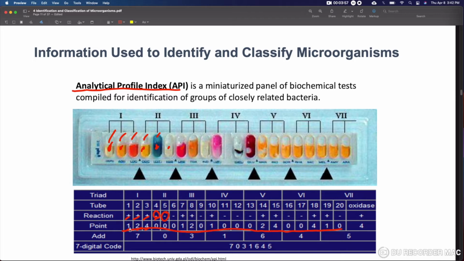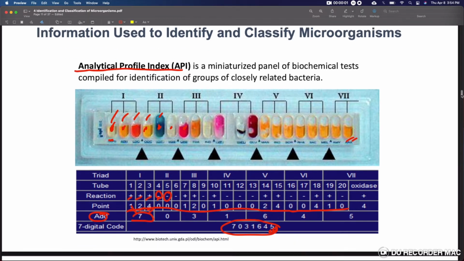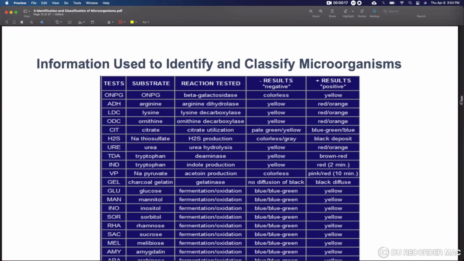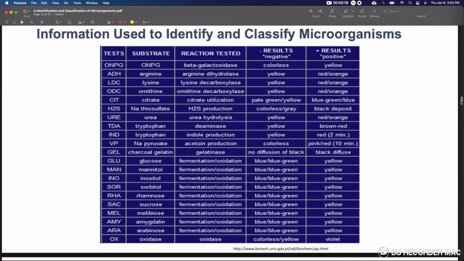We're going to sum those points, and we're going to get this 7-digit code. So that's your Analytical Profile Index, or your API. When you have this number, you can just put it in the database, and it will automatically tell you the identity of your organism.